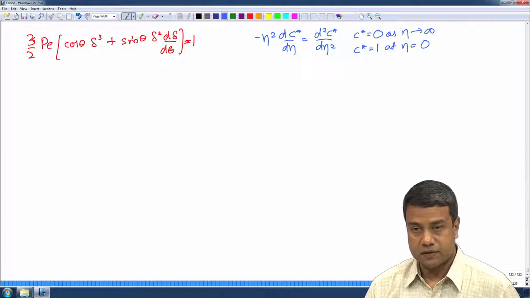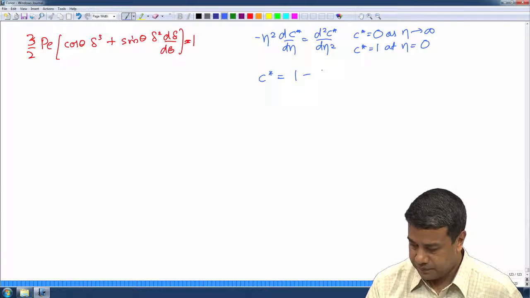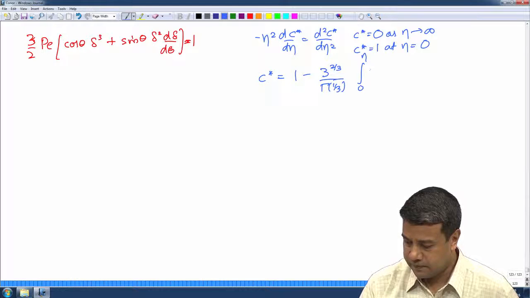This equation can be solved. We have already solved it. The solution was C star is equal to 1 minus 3 power 2 by 3 by gamma of 1/3, integral 0 to eta d eta prime e power minus eta prime cubed by 3.